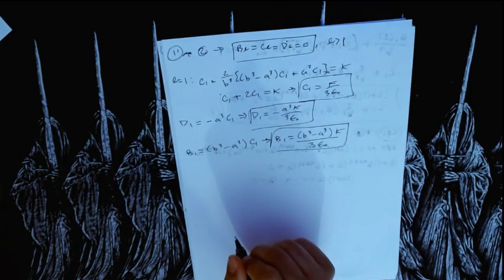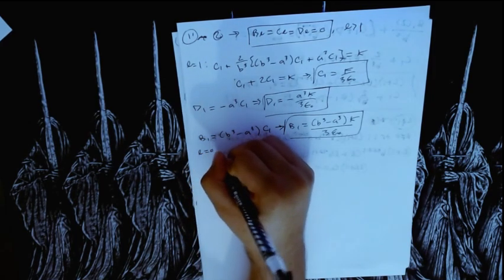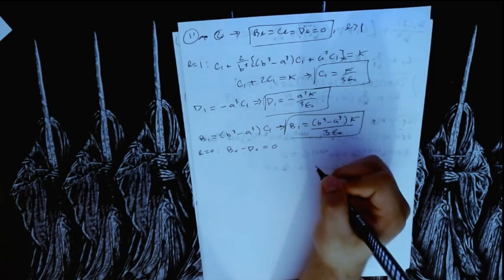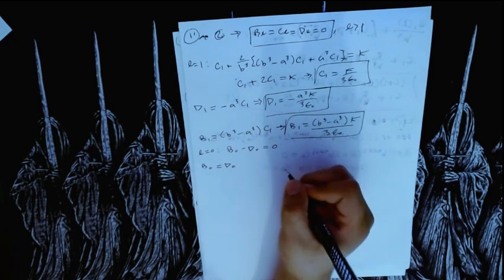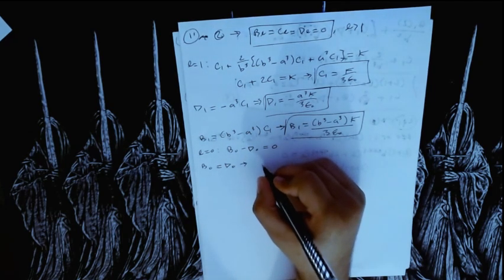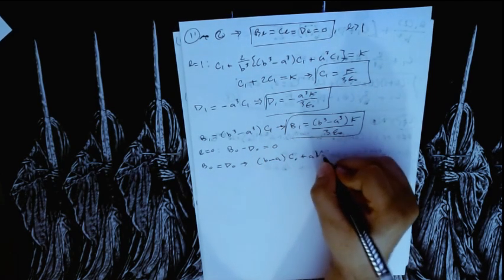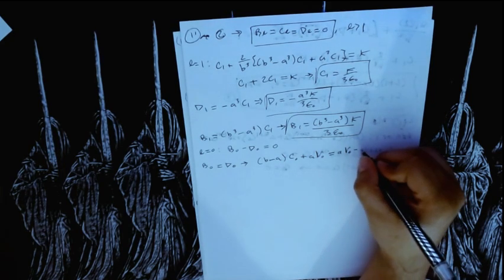Now, the final case, when L is equal to 0, then B sub 0 minus D sub 0 has to equal 0. So B sub 0 has to equal D sub 0. Then we plug that in. We have B minus A times C sub 0 plus A V sub 0 is equal to A V sub 0.